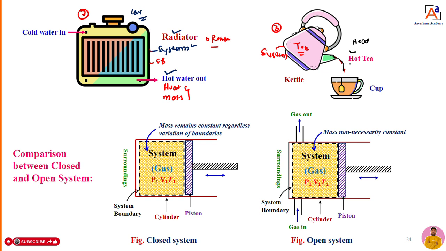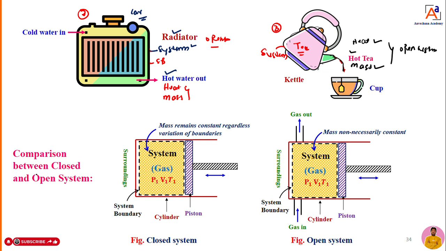Also, when a certain quantity of tea comes out of the system, there is a mass transfer. When you pour the tea into the cup, both heat energy and mass transfer take place. If so, that system we can call an open system.